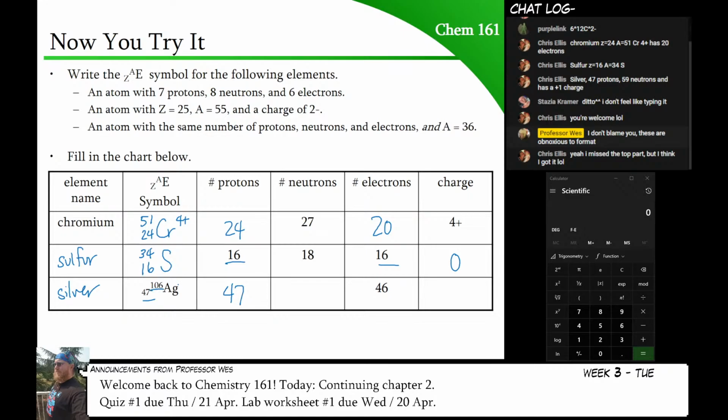A is protons plus neutrons, so I need to do 106 minus 47. I do have a calculator over here for this, so we do not need to do mental math. And then finally, the charge is going to be the difference between protons and electrons. All right. Should be pretty straightforward. We're all set.